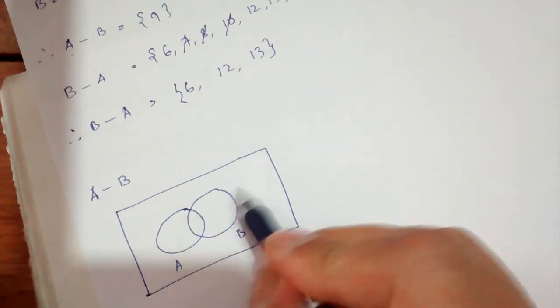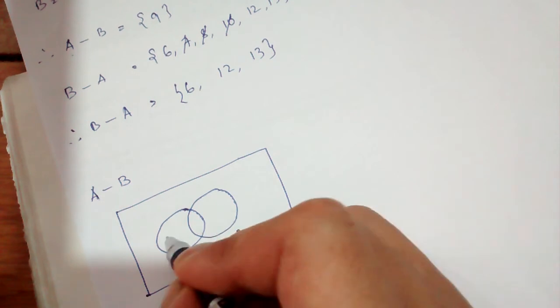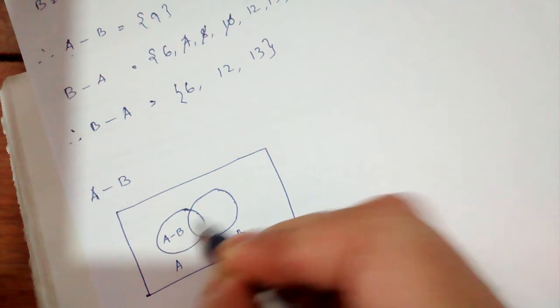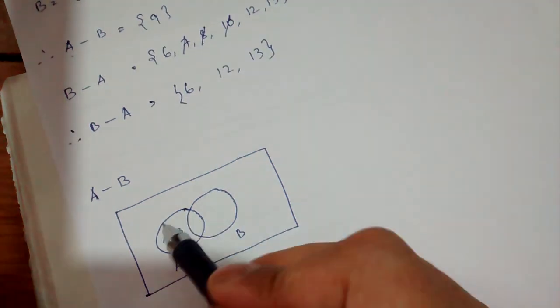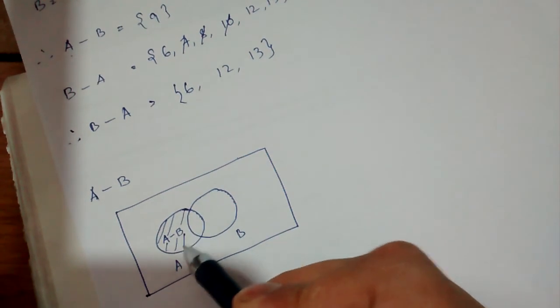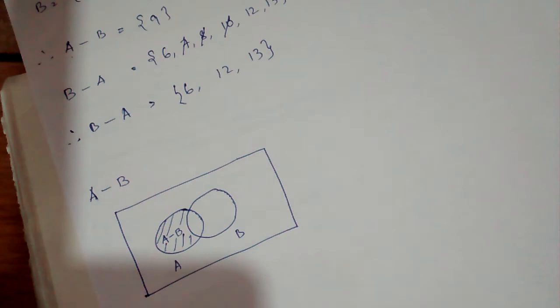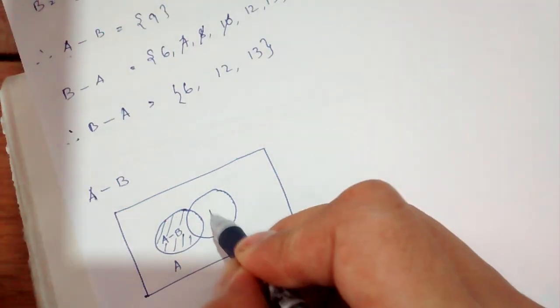This one is subtracted, so what is remaining is this one. This portion will be A minus B, and this portion, when you subtract this out, will be B minus A.